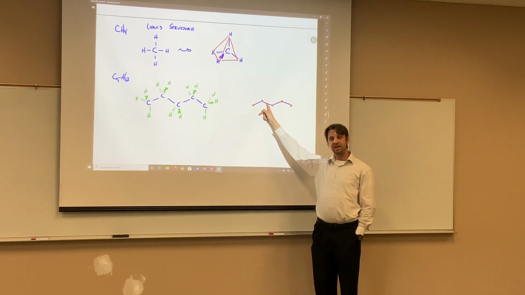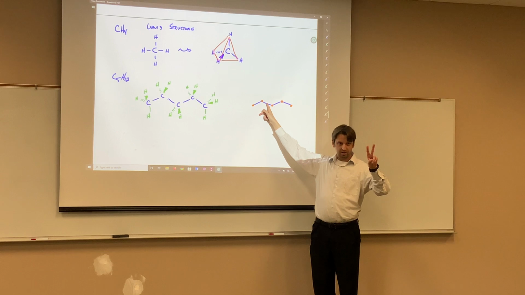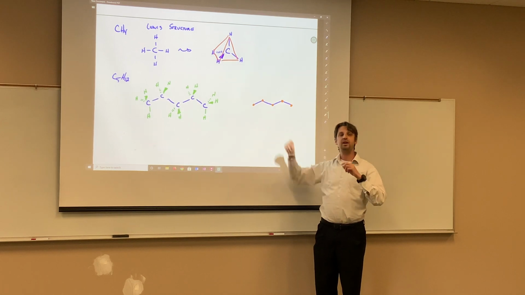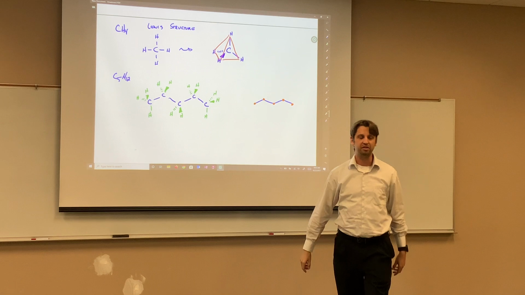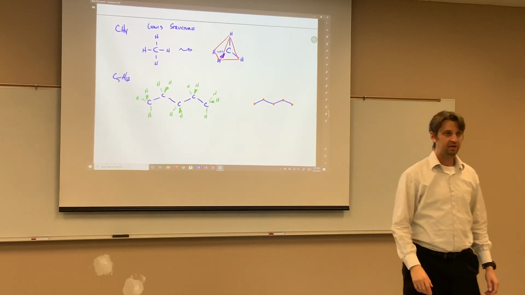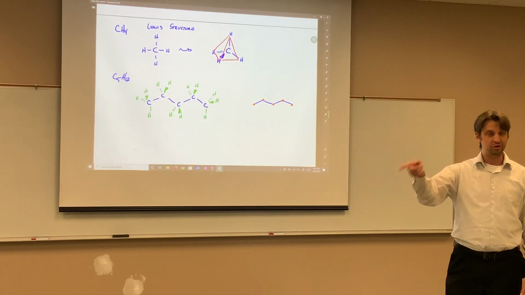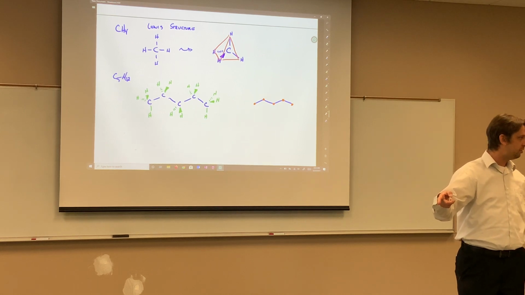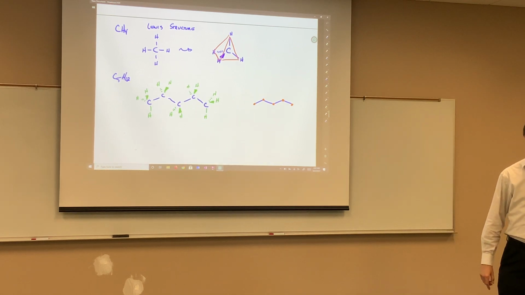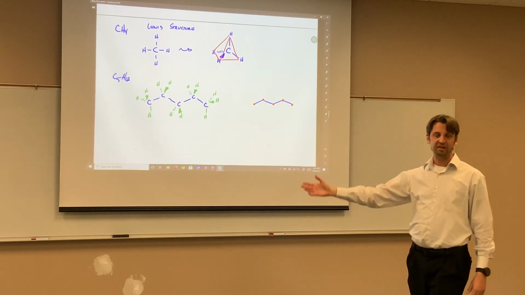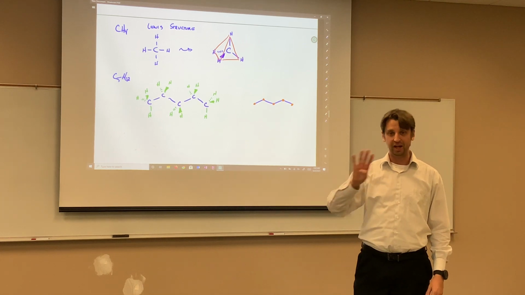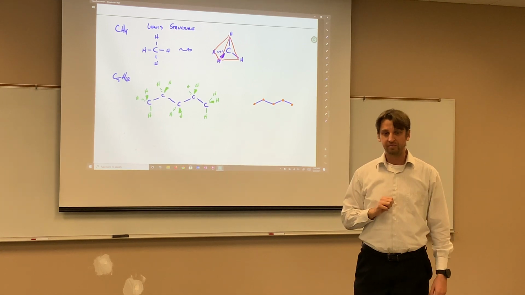So how many implicit bonds must there be? If I see 2, there must be another 2 that are understood. One of the rules we said is that we have to show bonds between carbons, but we have understood bonds to hydrogens. So if I see 2 bonds to a carbon, I know I have to have 2 bonds to a hydrogen there also. In fact, I can just fill in as many hydrogens as I need to get up to 4. Got it?